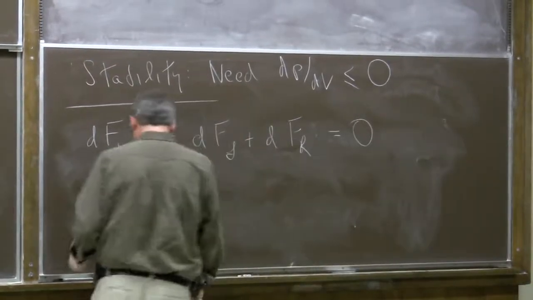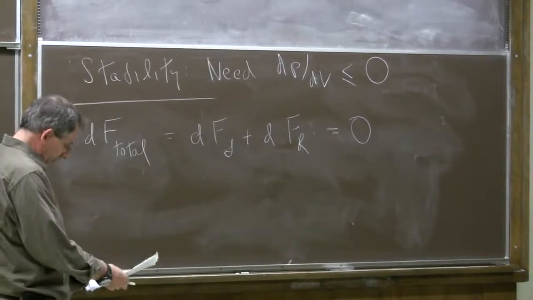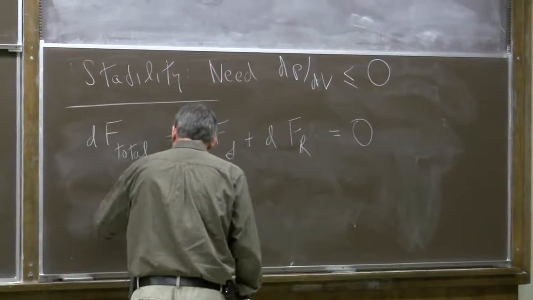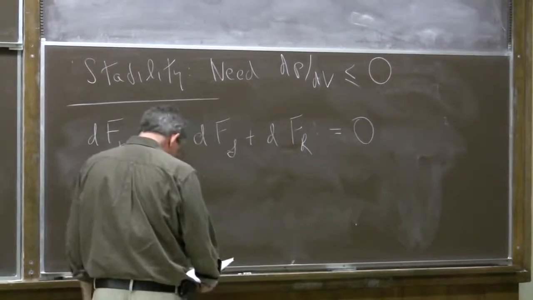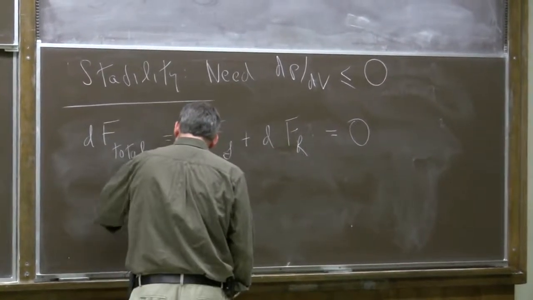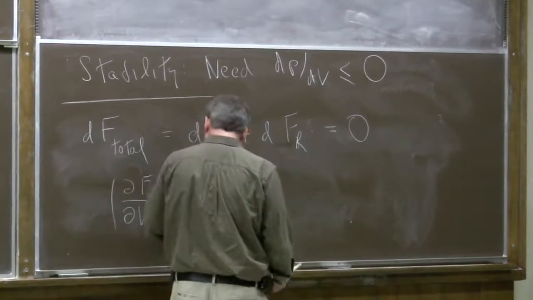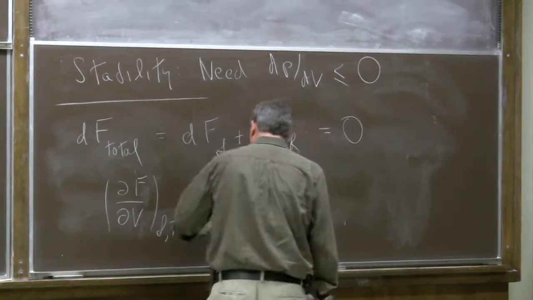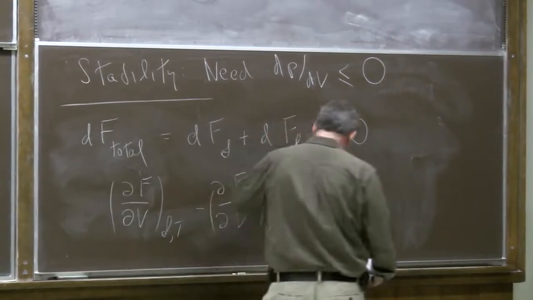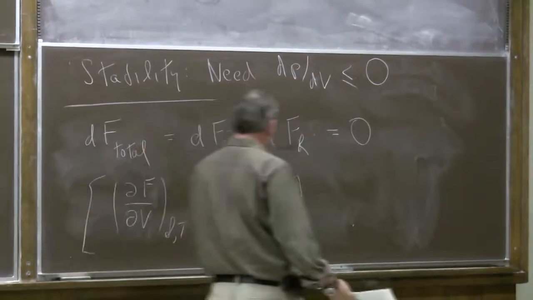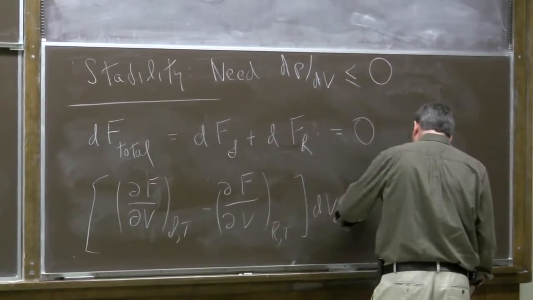So in particular, if I consider the system in mechanical contact with the reservoir, the derivative of free energy with respect to volume for the system at constant temperature, minus the derivative of free energy with respect to volume for the reservoir at constant temperature, times the change in the volume of the system, should be equal to 0.